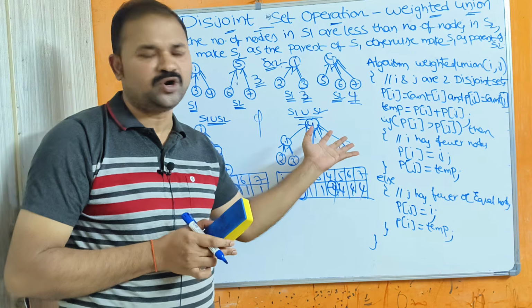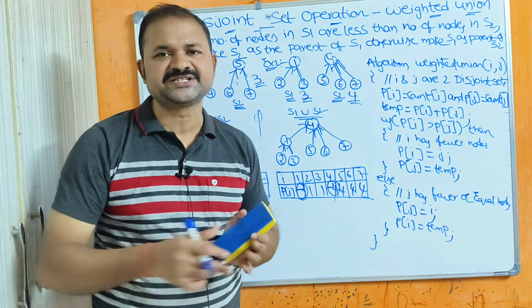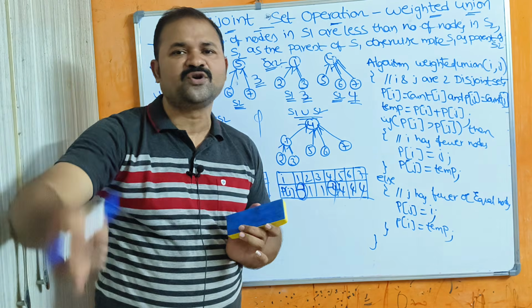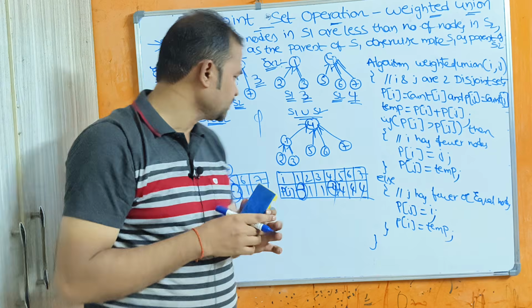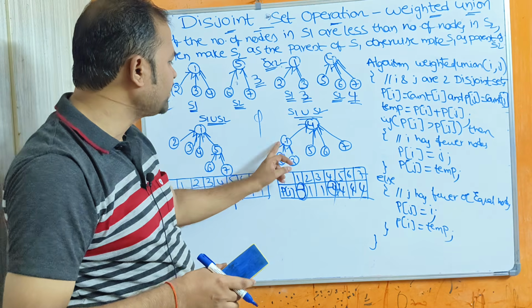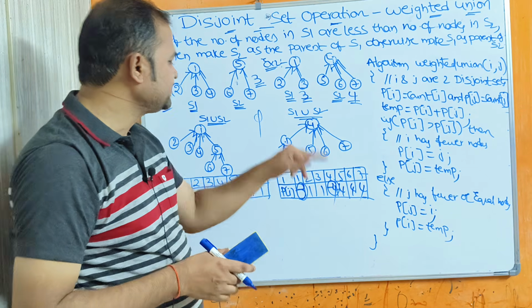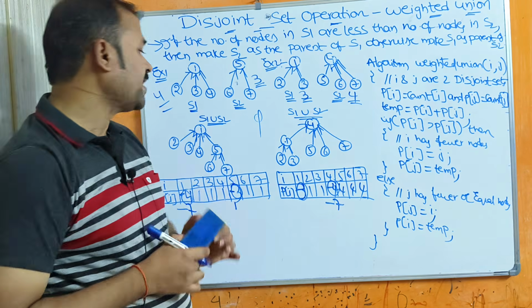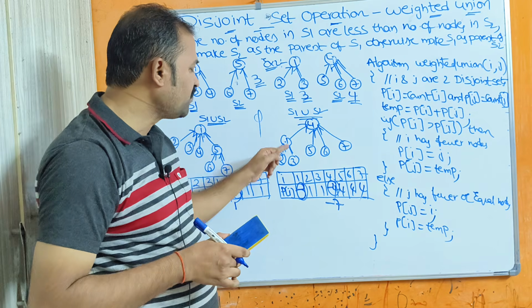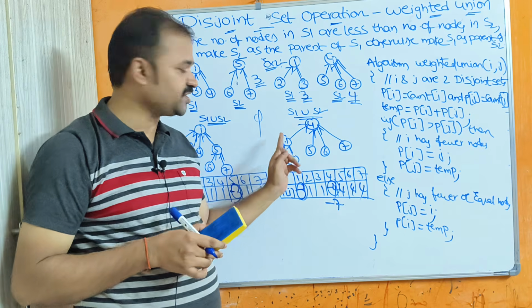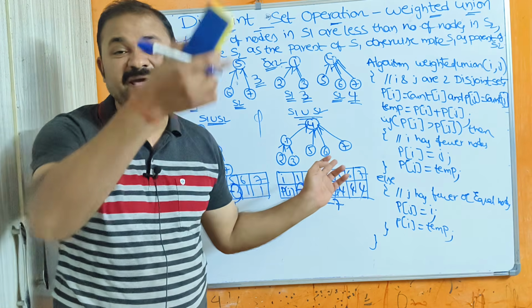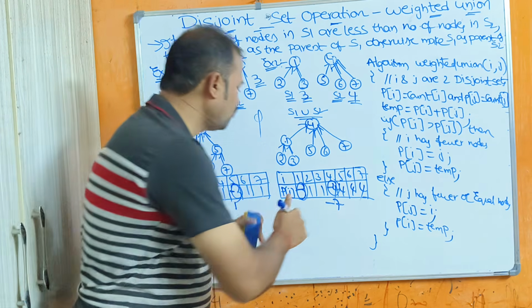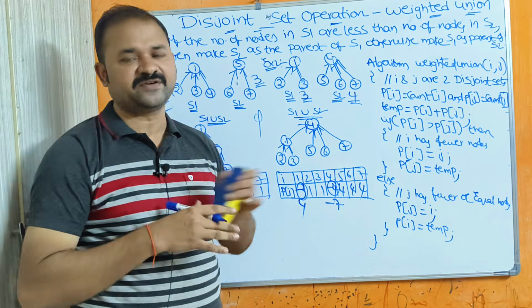We know that the root node's parent entry contains the total number of nodes present in that tree. So here totally we have how many nodes? 1, 2, 3, 4, 5, 6, 7. So 4 contains -7. What about 1? 1 contains its parent information. What is 1's parent? 4. So we have to update with that information.